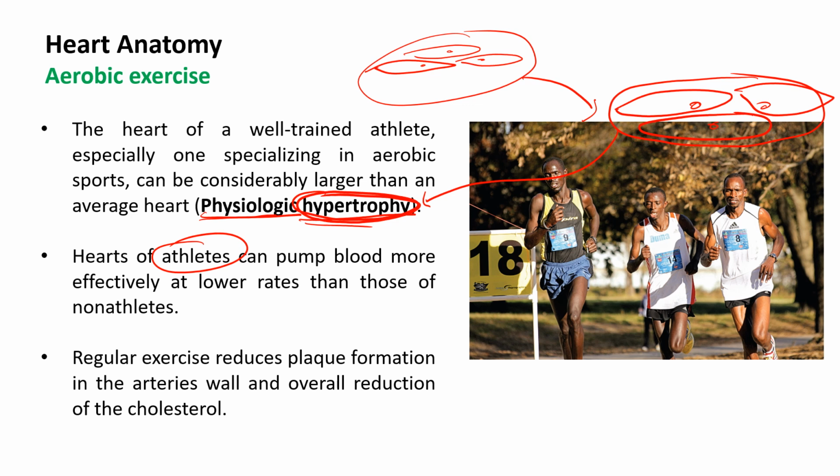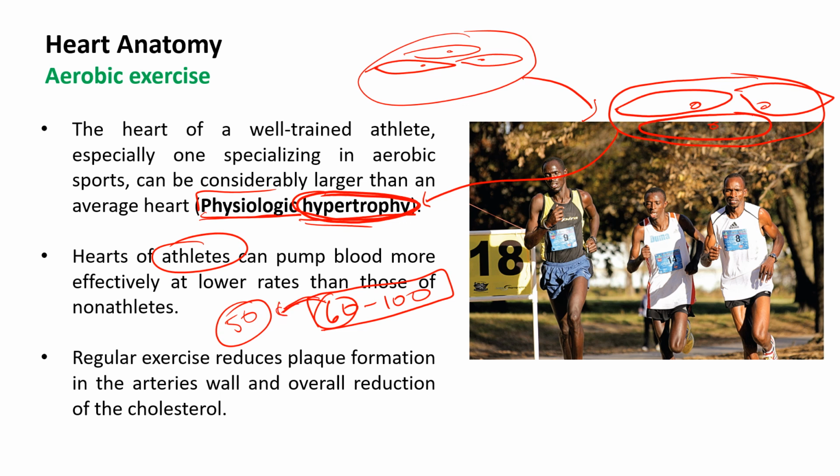I told you before the normal heart rate is between 60 and 100. People who are athletes and run and do a lot of exercise and have physiological hypertrophy, the heart becomes so efficient pumping blood that you will see those patients sometimes have maybe a heart rate of 50, and that doesn't mean that something is wrong with them.